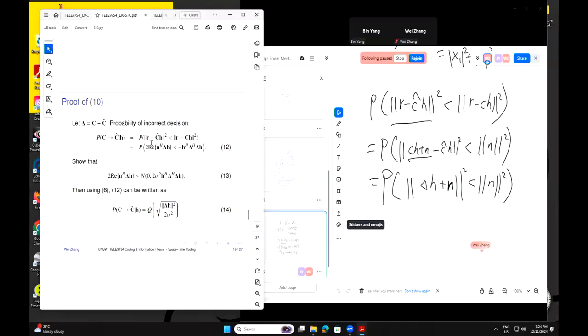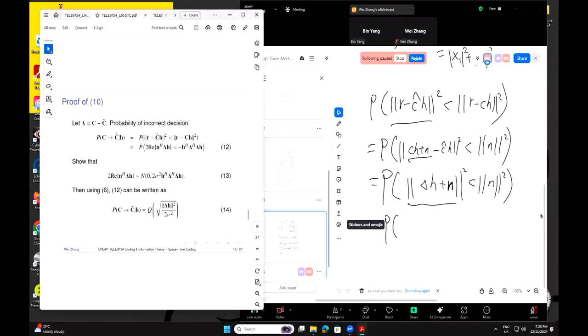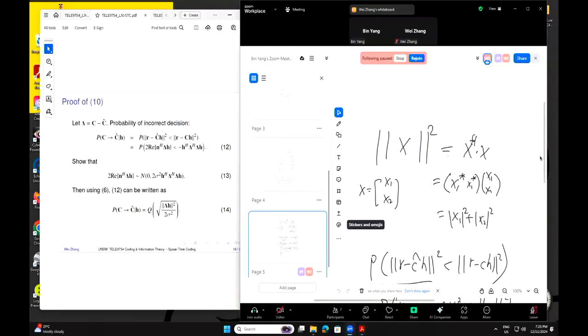Next, we simplify the term delta H plus N norm square. Remember, somewhere above we derived a property for a column vector x: the norm square equals x Hermitian times x.